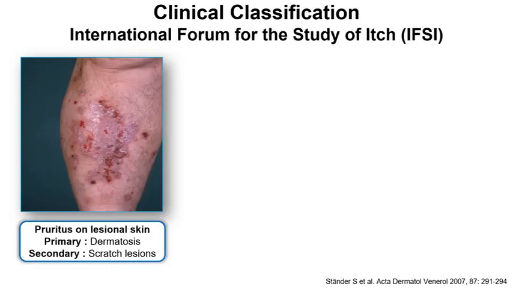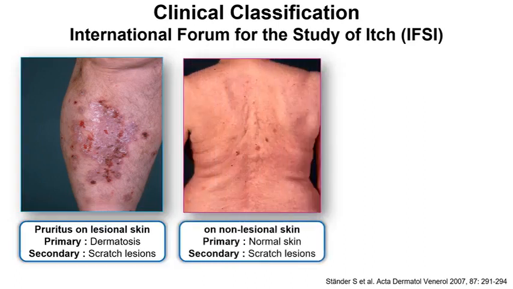And the IFSI group 1 are those who have a dermatosis. So primary skin lesions are dermatosis. Secondary scratch lesions may happen on these lesions, as you see here. Then we have the second group. This is pruritus on non-lesional skin. Formerly, this was pruritus sine materia, but we no longer want this term. And the patients start with pruritus on normal appearing skin, and secondary scratch lesions are possible, of course.